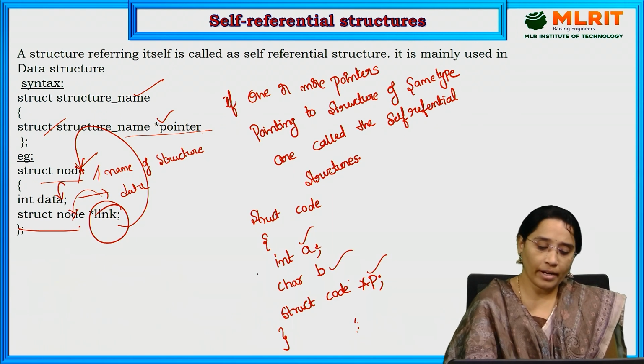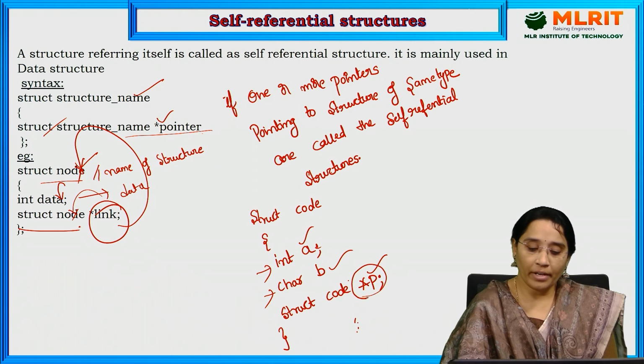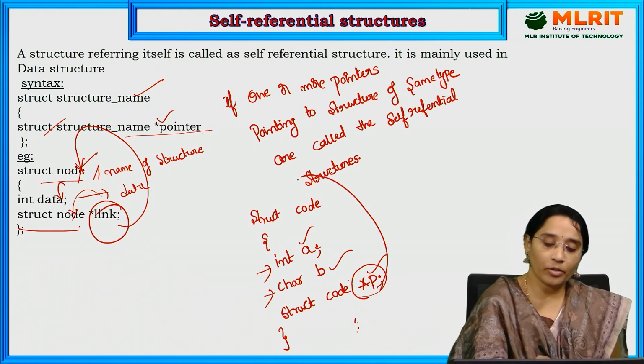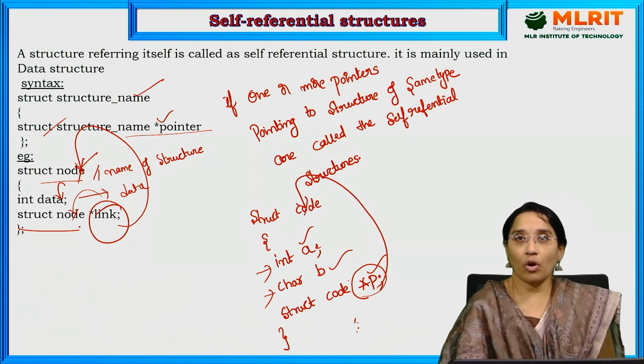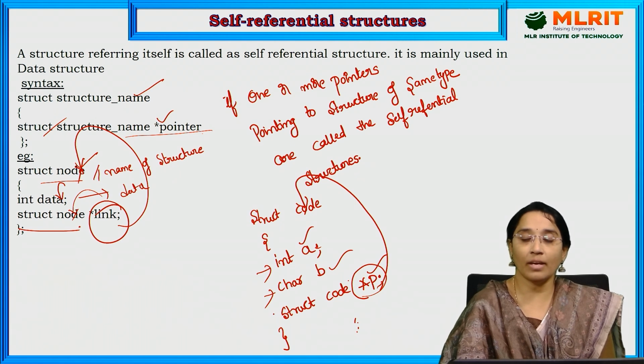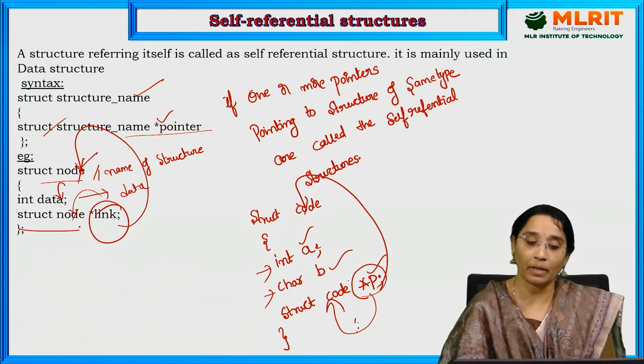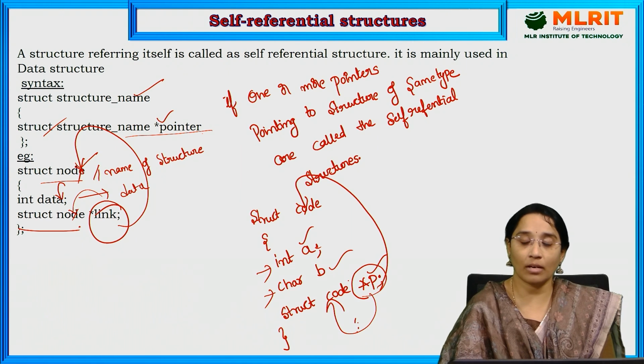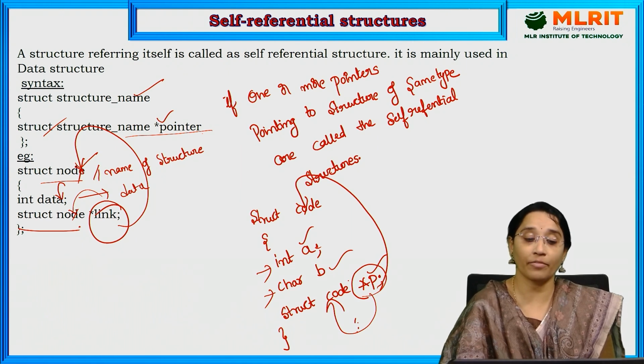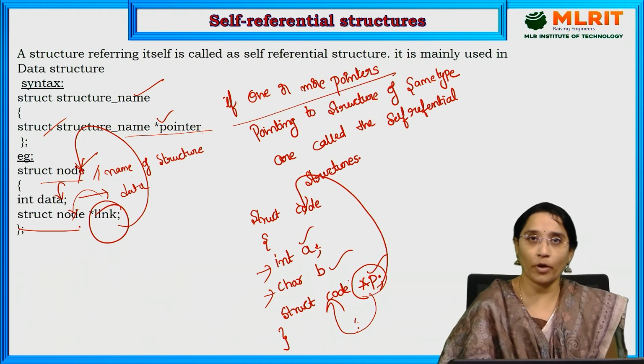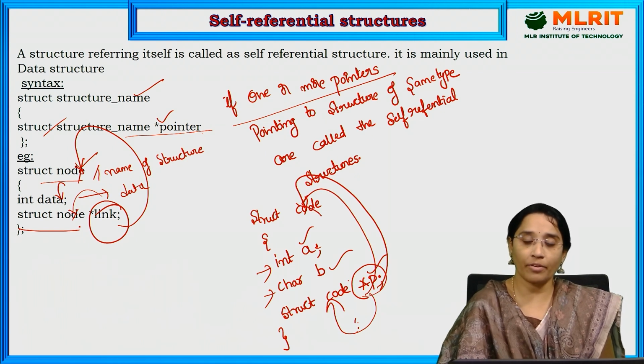One data type is integer, another one is character. But here this is a pointer variable which is pointing to the structure of same type. So normally what does a pointer hold? A pointer holds the address of another data type, right? So here, this pointer p is a structure member, but it is pointing to the structure of same type. So that type of structures are called self-referential structures. If one or more pointers pointing to the structure of same type, they are called self-referential structures.